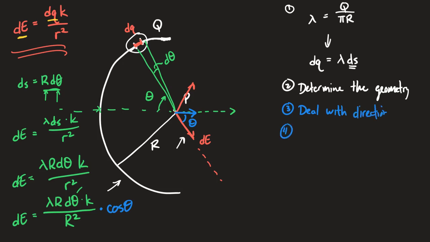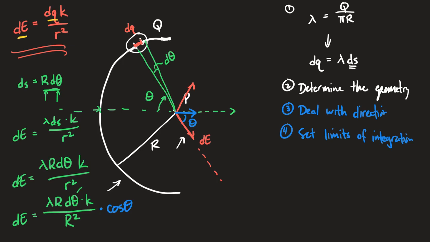Now step 4 is setting your limits. So we have to set our limits of integration. This isn't as hard as it sounds. We just need to make sure we cover the entire geometry.